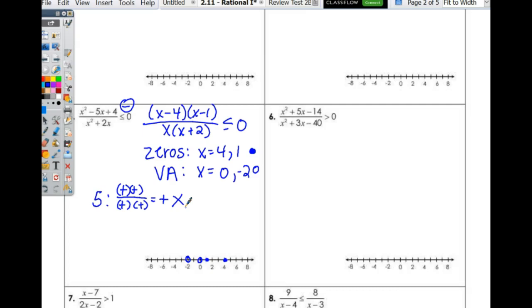The baby one, wait. -2 to 0 was negative. One of you got negative? No, it's negative. Look, watch. If I put -1 in here, what happens in the first parenthesis? Negative. Second parenthesis, negative. Bottom, negative.